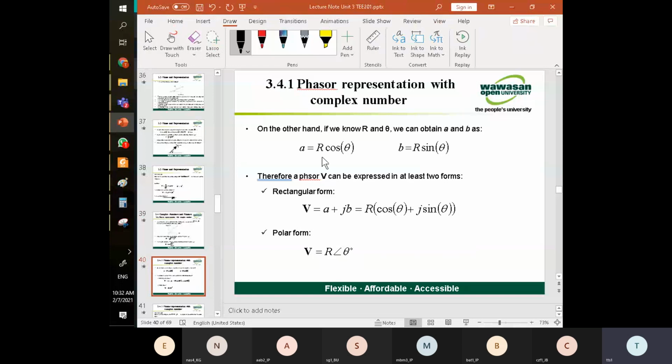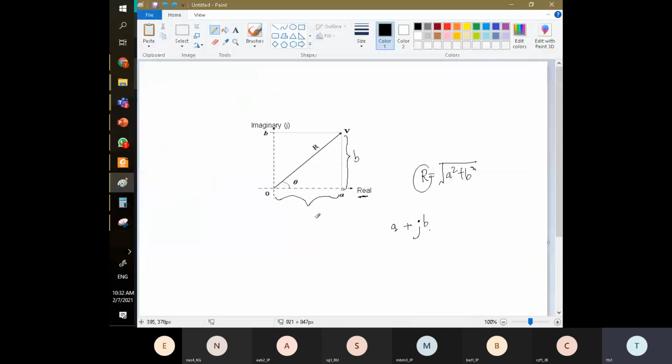Okay, and then a equals r times cosine theta, and b equals r times sine theta. This is all from secondary school. A is equal to r times cosine theta, because a is adjacent to this angle, between r and a.